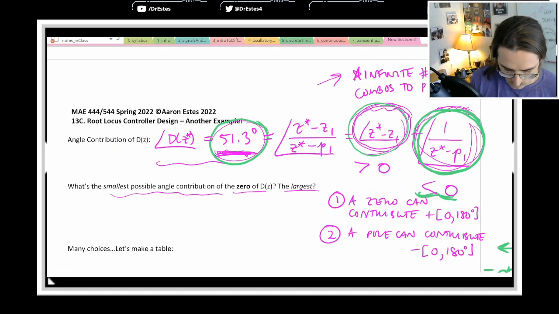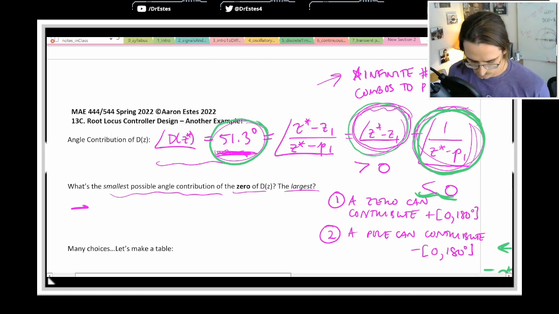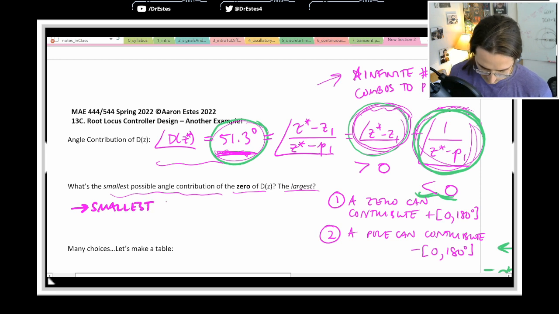So let's write that down. Smallest possible angle for our 0 is 51.3 degrees.